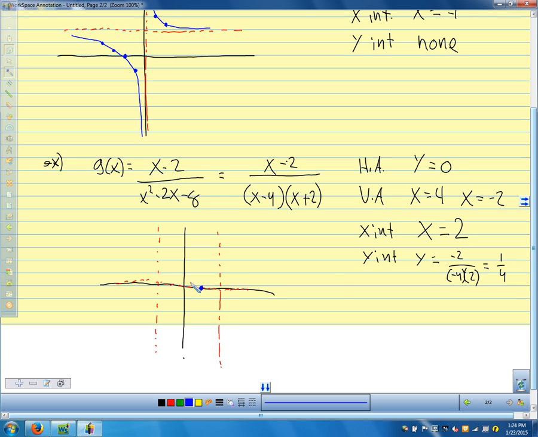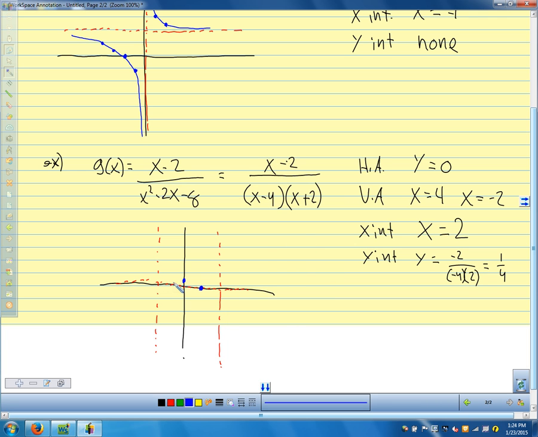We have a y-intercept at 1/4. So from here, we need to plug in points and calculate, because our rational function could be here, could be here, could be up here, could be down here, could have a cotangent shape. So we just need to plug in numbers to our function and calculate the y values.